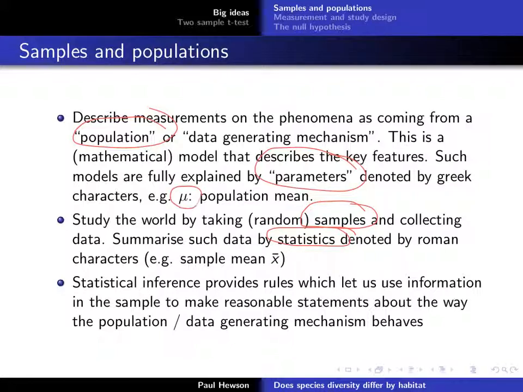If we're reading textbooks, populations have Greek symbols, statistics have Roman symbols. The whole idea of what we're trying to do is to follow some procedures called statistical inference that let us use information in the sample to make a statement about the way our data generating mechanism or our population behaves.